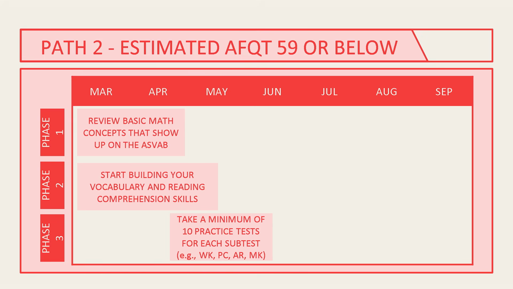That can take anywhere from a month to 3 months. But once you finish doing those two things, the very next thing you want to do is start taking those practice tests. And I recommend that you take 10 of them for each subtest. Once you do these three things, you should contact your recruiter and say, hey, I'm ready to take the ASVAB. Can you make arrangements for that? Okay.